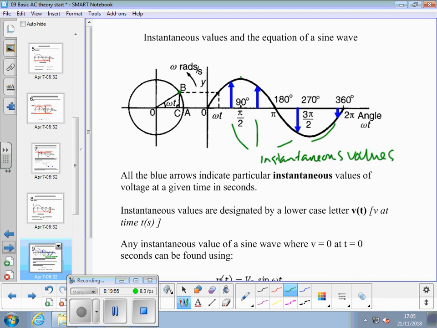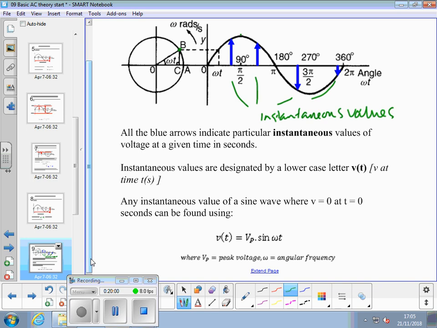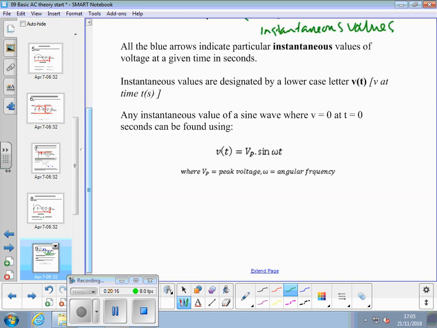So any instantaneous value of a sine wave where little v is equal to 0 at time t equal to 0 can be found using the formula v(t) equals capital Vp, that's the peak value of that waveform, or the amplitude, multiplied by the sine of omega t, omega being the angular frequency.